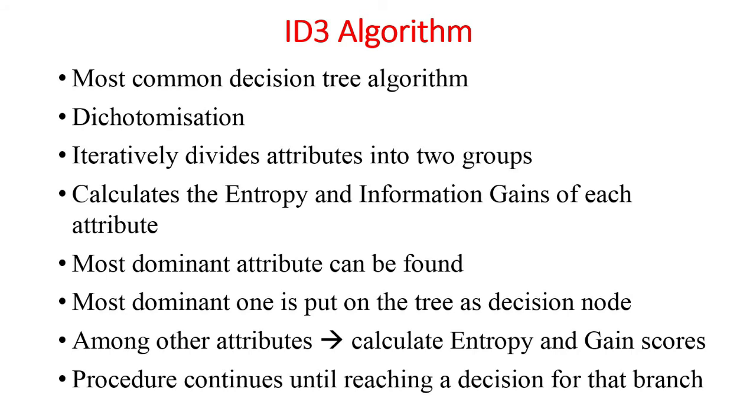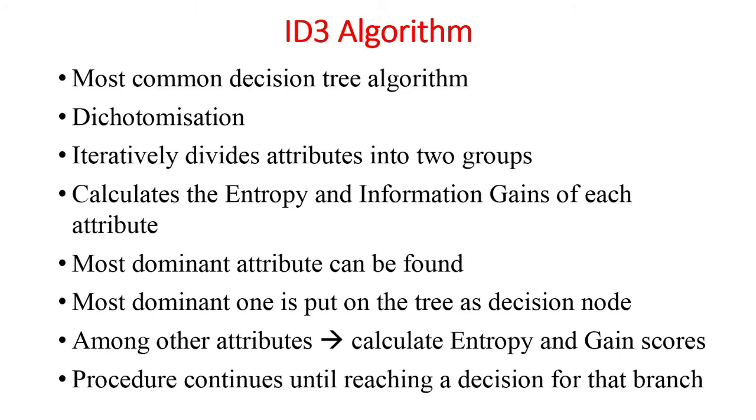ID3 algorithm. Iterative Dichotomizer 3 is one of the most common decision tree algorithms. Dichotomization means dividing into two completely opposite things. The algorithm iteratively divides attributes into two groups, which are the most dominant attribute and others, to construct a tree. Then it calculates the entropy and information gain of each attribute.